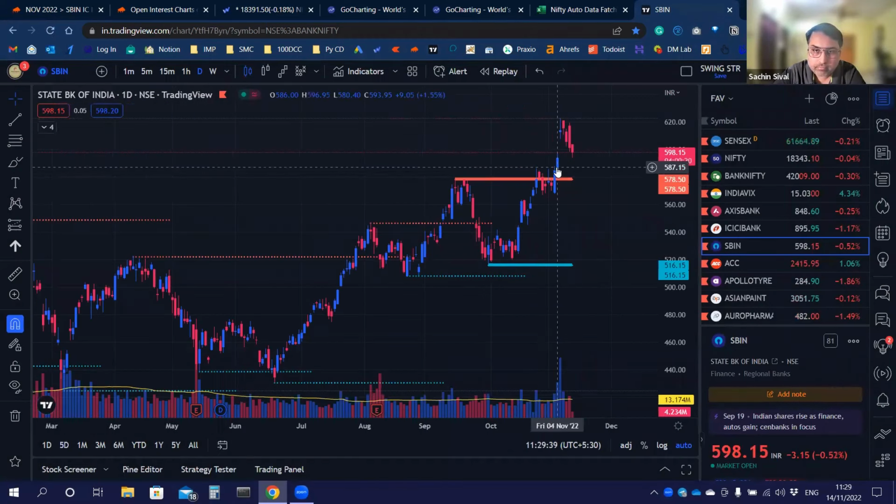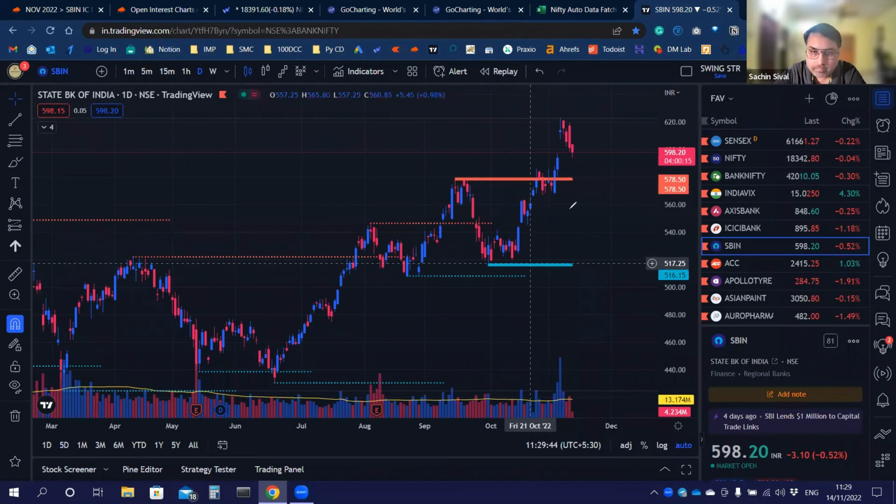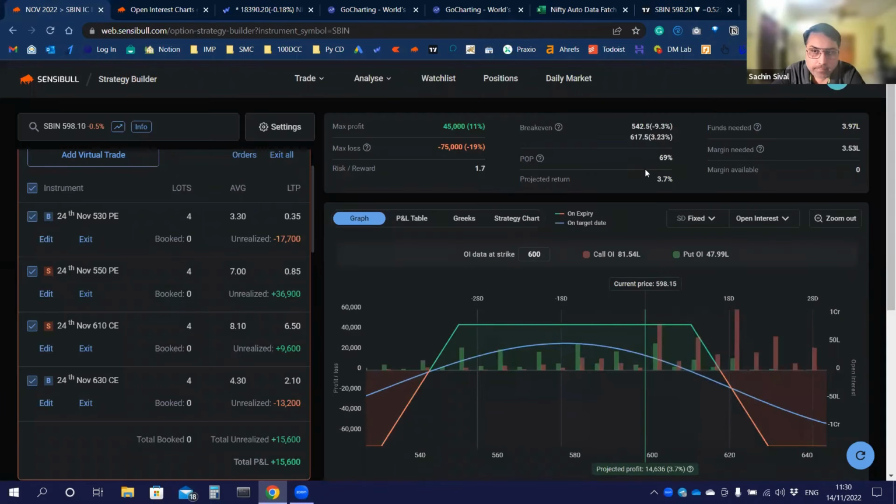We created this strategy on 2nd of November, where SBI was trading below this resistance zone, and you can see there was a sharp upside movement. This was the moment when the result was declared, and it opened gap up the next day. So this was our strategy.